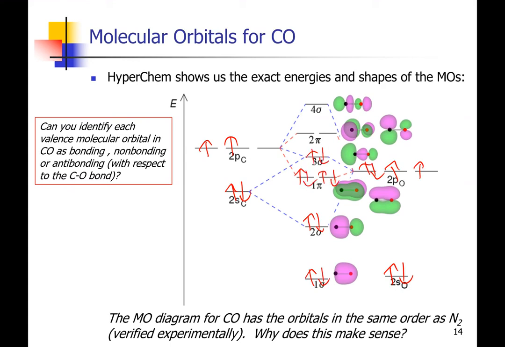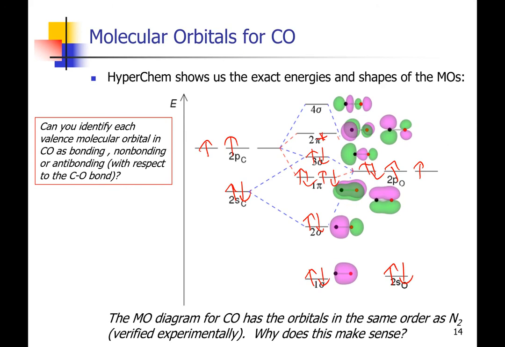And you can see that we have been provided with nice, beautiful sketches of what those MOs actually look like. We did a pretty good job of predicting the shapes of the pi and the pi star molecular orbitals. We've got that polarization. The 1 pi down here looks a bit bigger on the red dot or the oxygen. The 2 pi star up here looks a bit bigger on the black dot or the carbon. So that's looking pretty good.